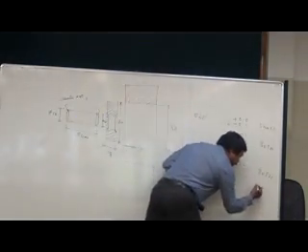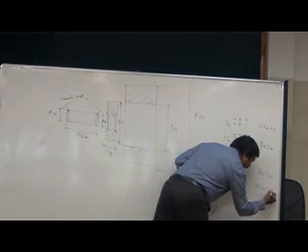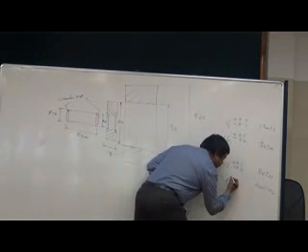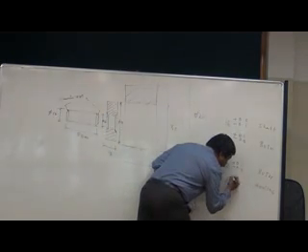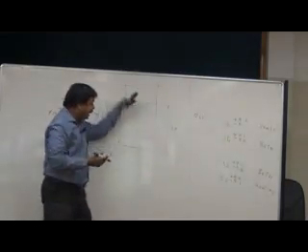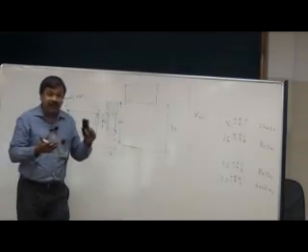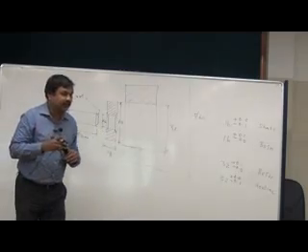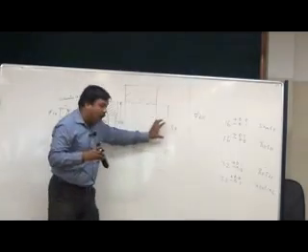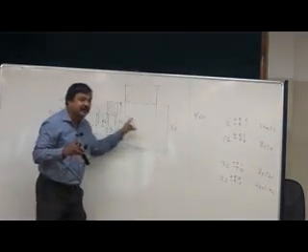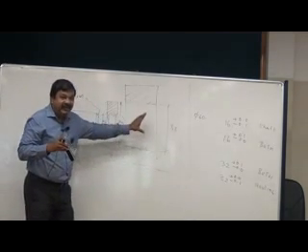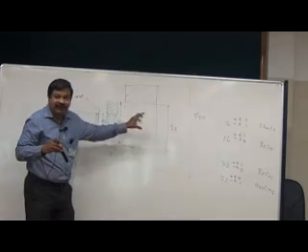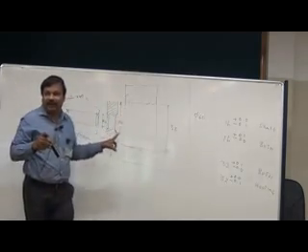In the housing, I make this hole diameter slightly smaller. So the hole will always be smaller than the bush. The housing diameter will always be smaller than the bush outer diameter.